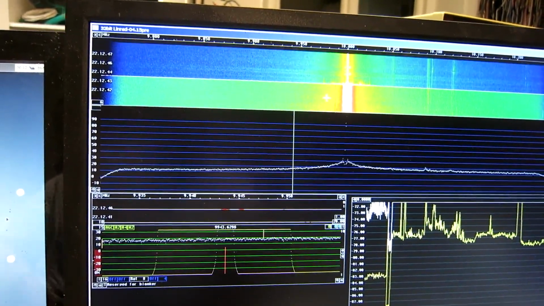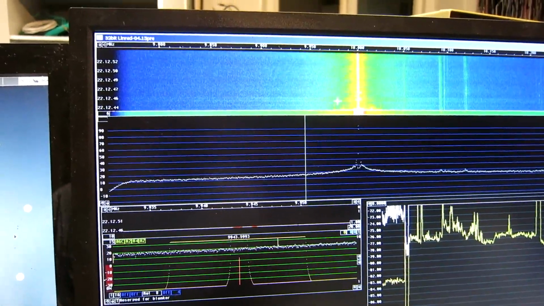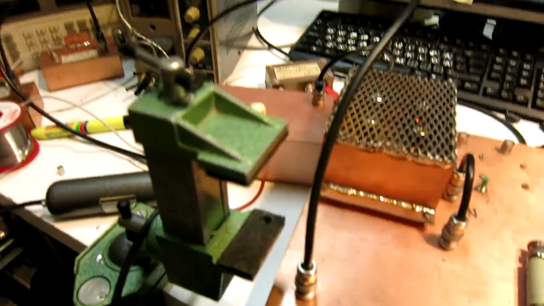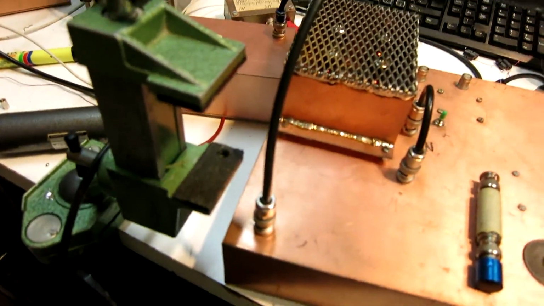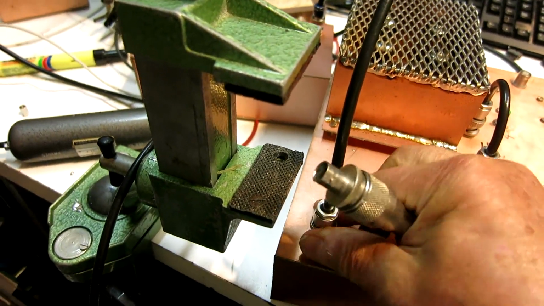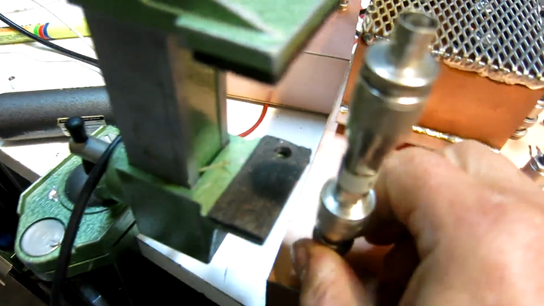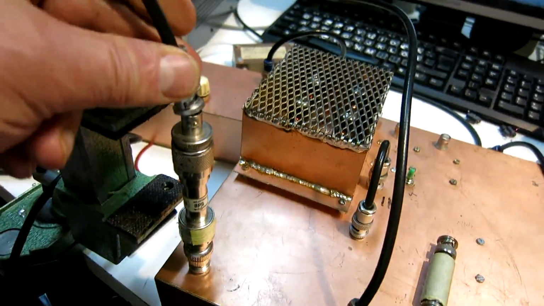So, well, that's interesting, at least. The power level is pretty high. I have to put an attenuator here, because otherwise I'm putting the spectrum analyzer at risk.